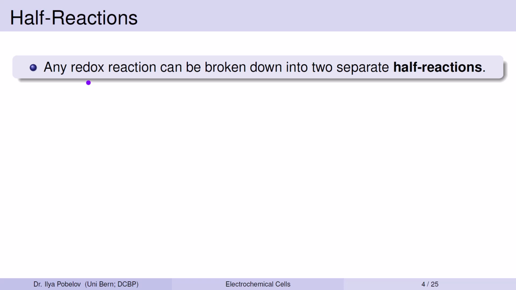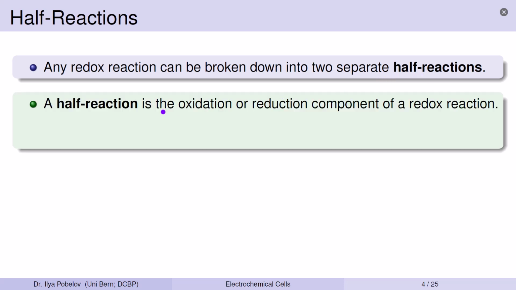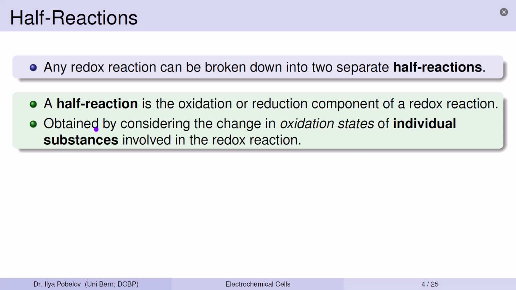Any redox reaction can be broken down into 2 separate half reactions. A half reaction is either the oxidation or reduction component of a redox reaction. It is obtained by considering the change in oxidation states of individual substances involved in the redox reaction.